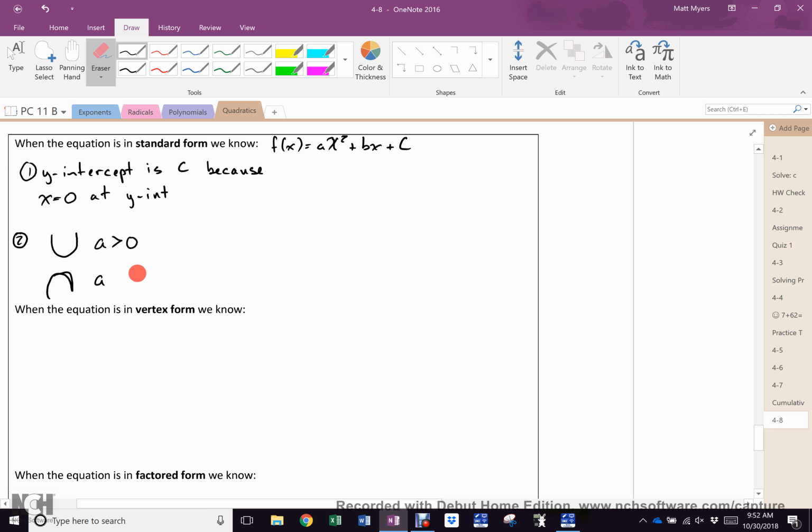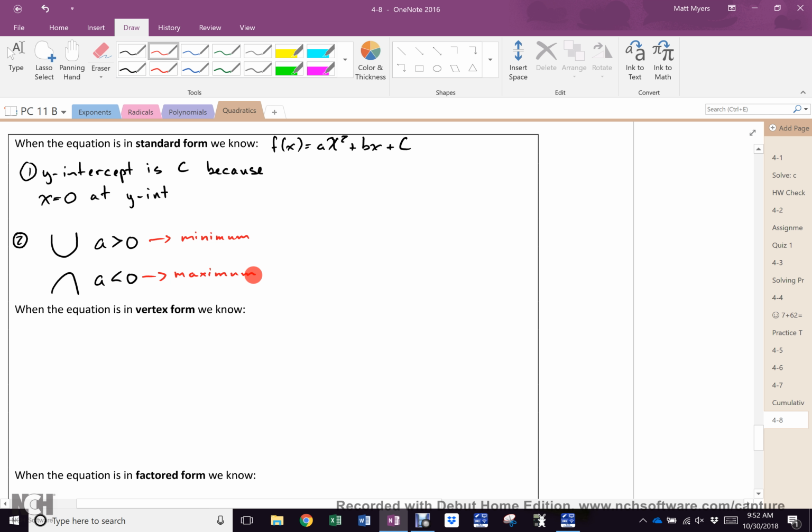Right? And that's everything we know from looking at it. But there's some other stuff that we can get from it. For example, if it's this, do I have a maximum or a minimum? Minimum. That's a minimum. If I have this, it's a maximum.